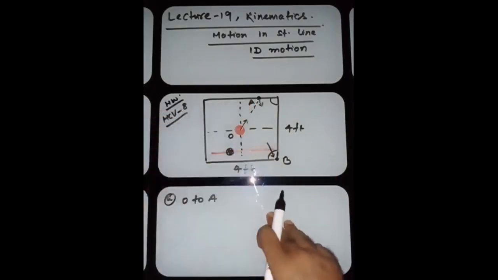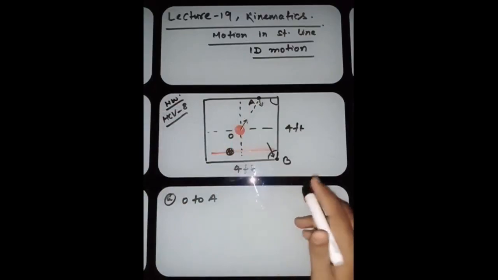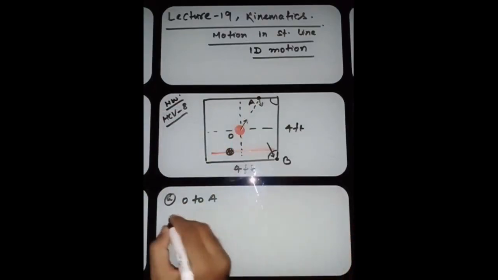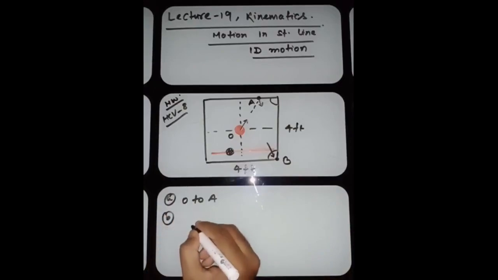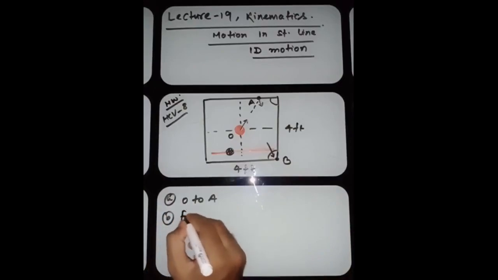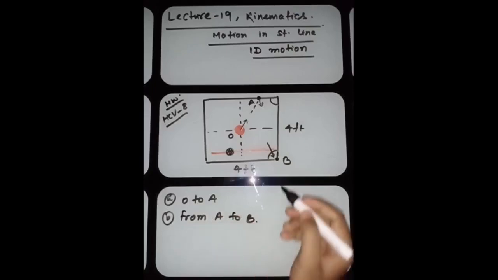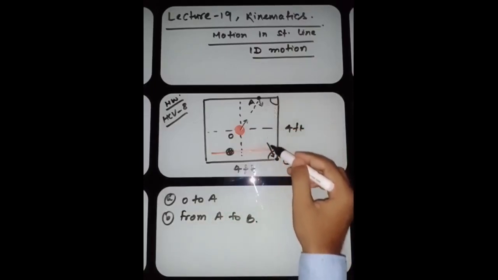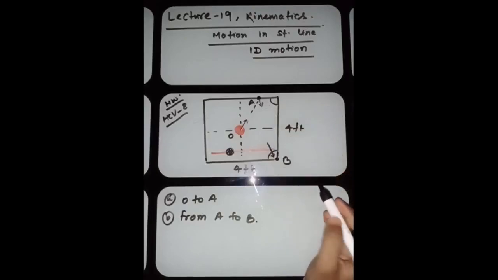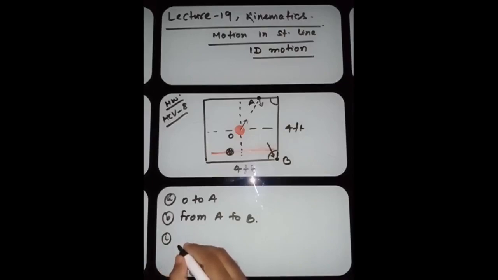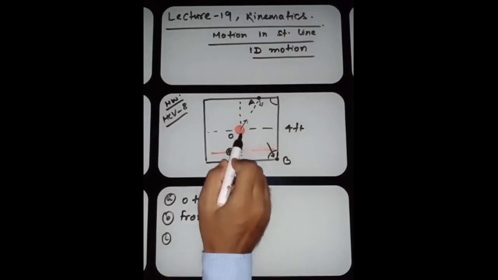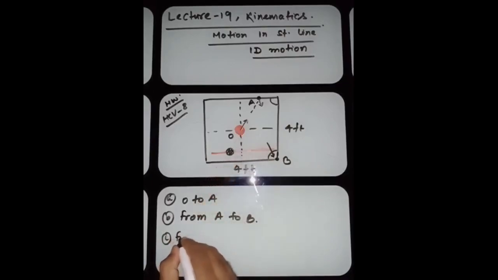You have to find the magnitude of the displacement from O to A. Second, you have to find from A to B. What will be the magnitude of displacement from A to B? Now, third one, from O to B. This is the question.